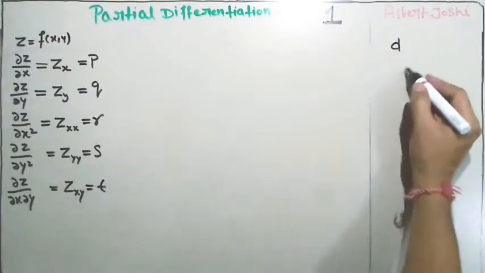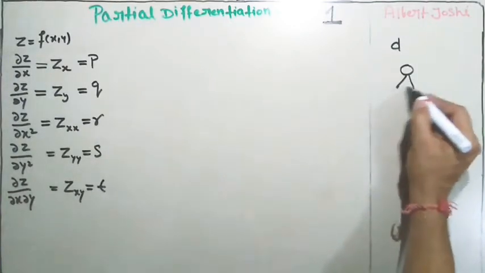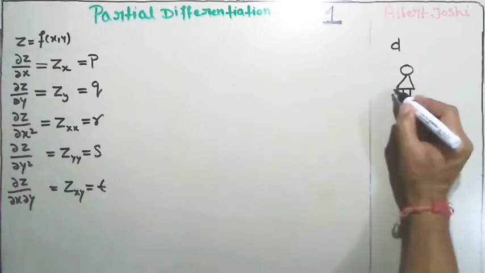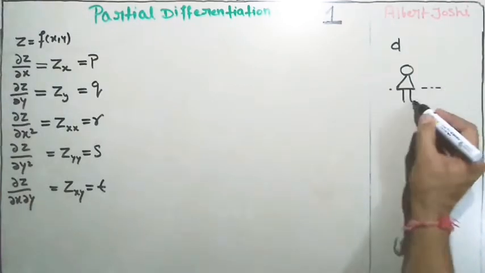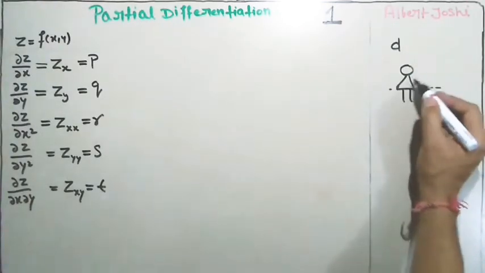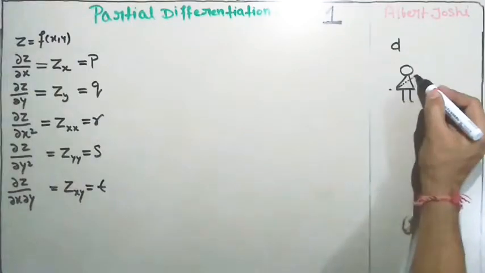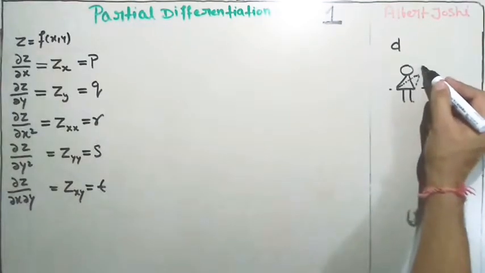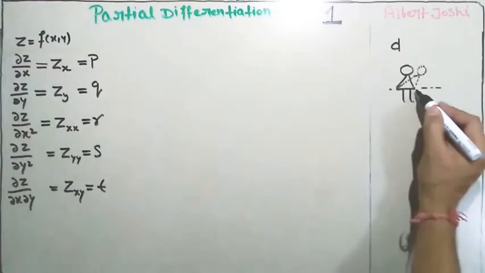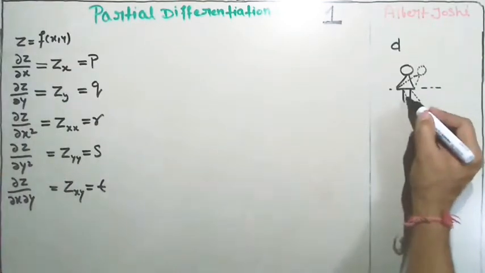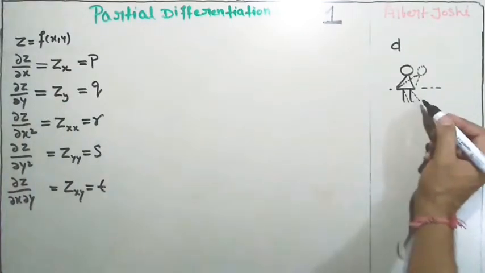D means, suppose you have a person, and the lower portion is the leg and that is the head. Suppose this person is moving, so after movement its position will be like this, and the leg is also moving.